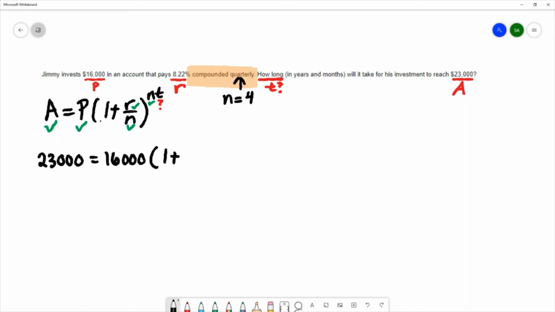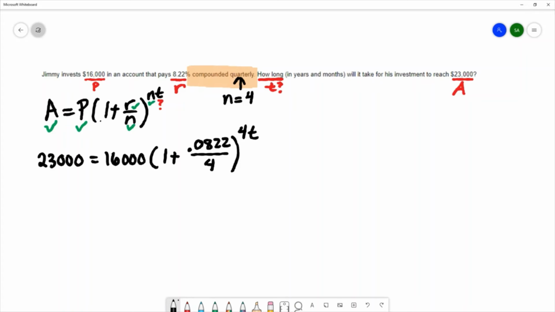We want to make sure we write that R in decimal form rather than percentage form. So we're going to move that decimal point 2 places to the left, making this 0.0822. Because the interest is compounded quarterly, I have the value of N to be 4. And then in the exponent, N is 4 and T is the unknown.